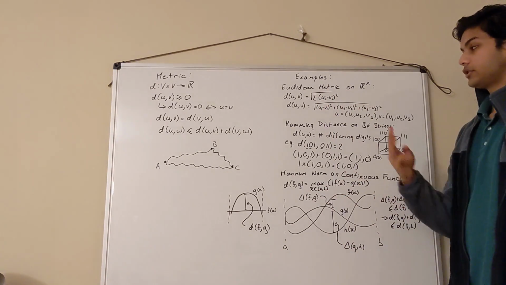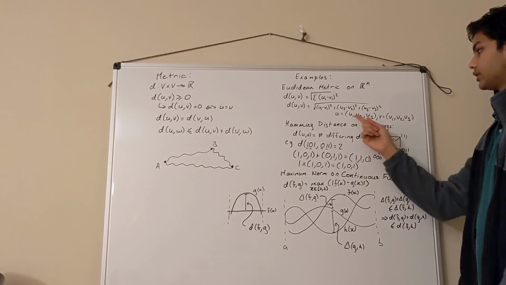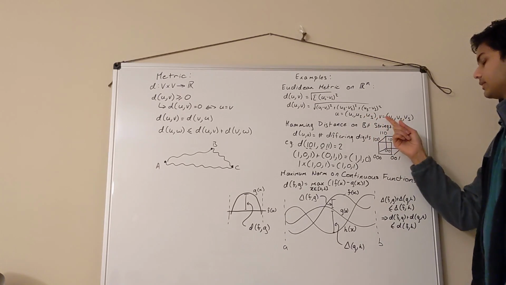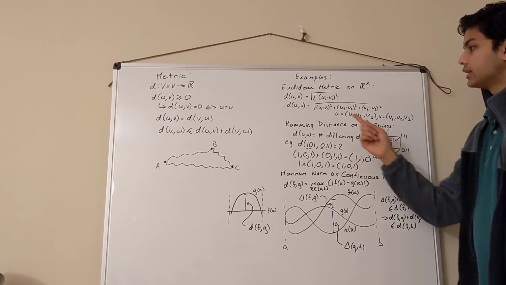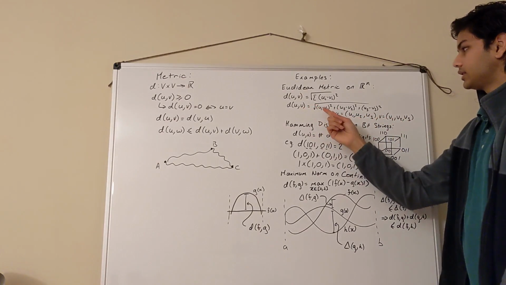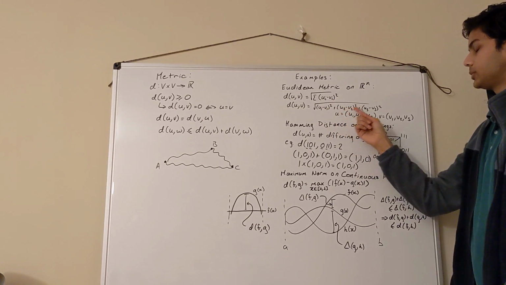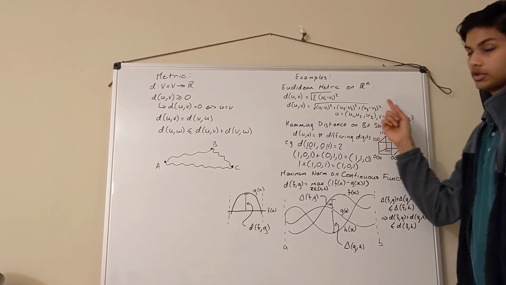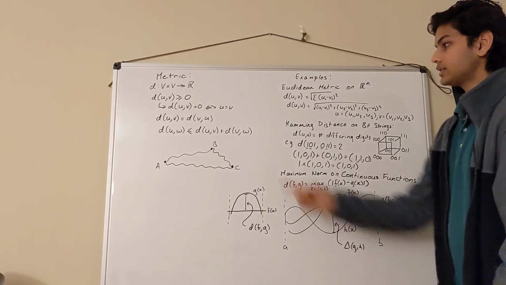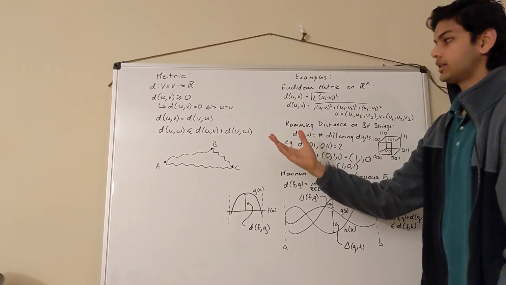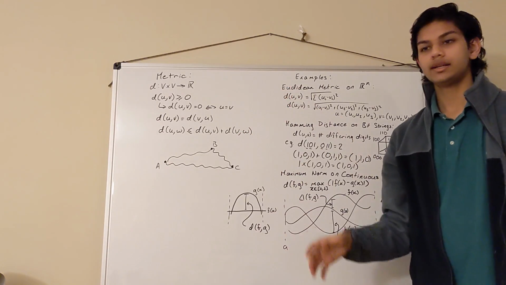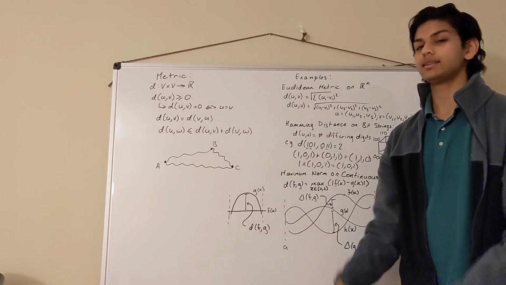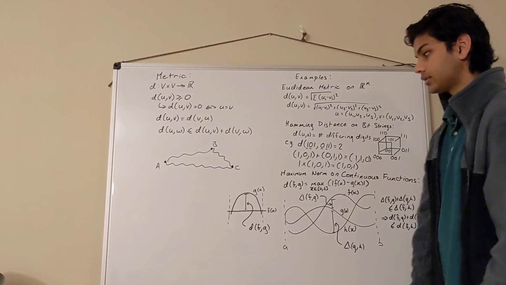For example, if you have 3 dimensions where u is some vector (u1, u2, u3), and v is some vector (v1, v2, v3), then the distance between u and v is the square root of (u1 minus v1) squared plus (u2 minus v2) squared plus (u3 minus v3) squared. In this case, the triangle inequality literally tells you that if you have a triangle, then the sum of two of its side lengths is greater than or equal to the third side length.